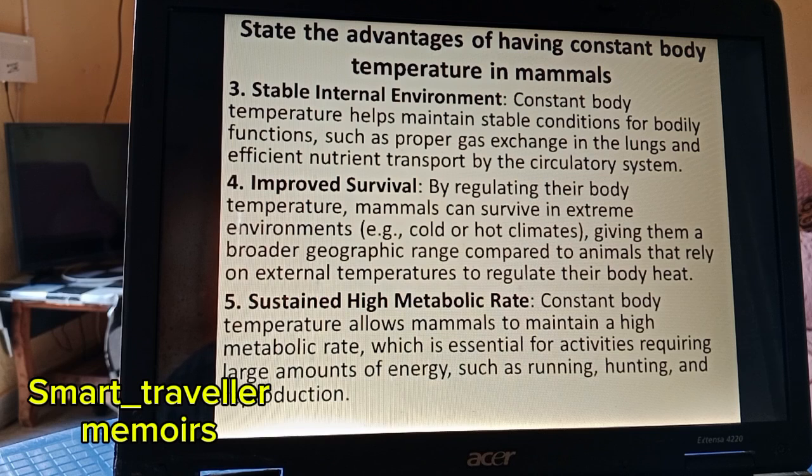By regulating their body temperature, mammals can survive in extreme environments, e.g. cold or hot climates, giving them a broader geographical range compared to animals that rely on external temperature to regulate their body heat. Sustained high metabolic rate. Constant body temperature allows mammals to maintain a high metabolic rate, which is essential for activities requiring large amounts of energy such as running, hunting, and reproduction.